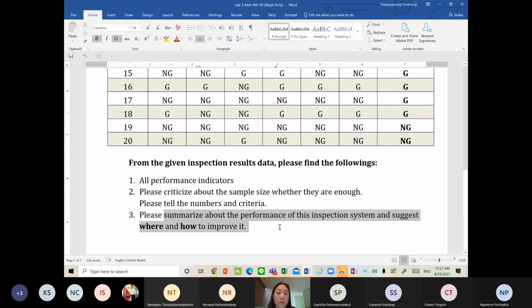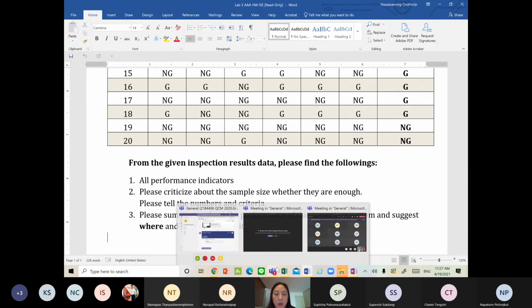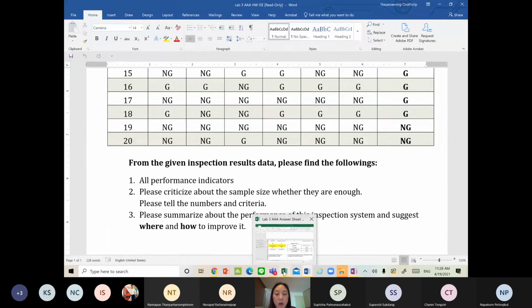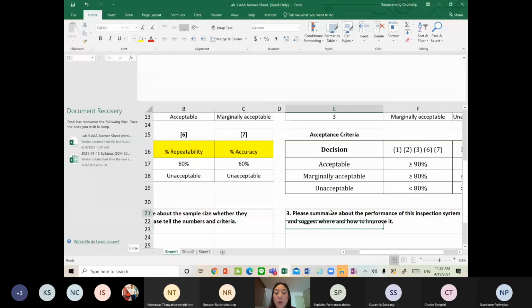Then summarize the performance and suggest which indicator, which performance is poor and how to improve it. In practice, how do you improve it? And you can find additional knowledge from other sources to help you answer question 3 better. Please fill in your answer in this Excel file.